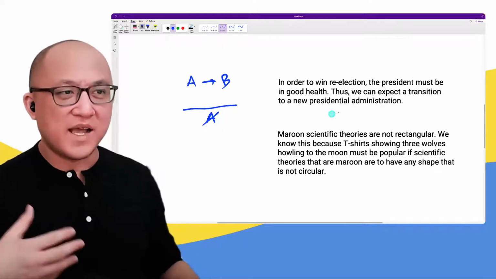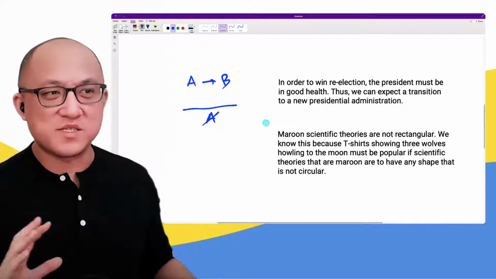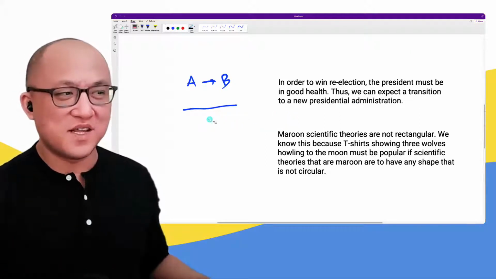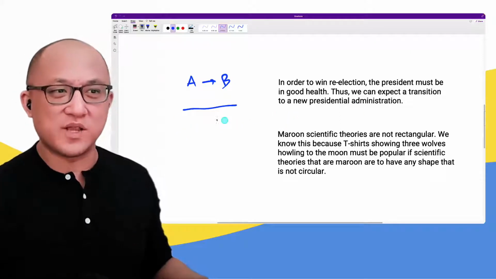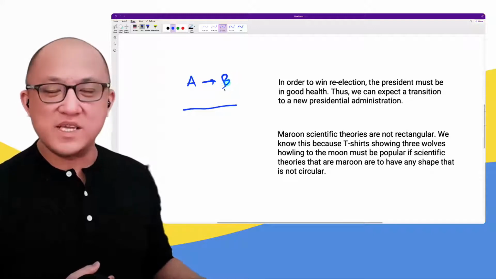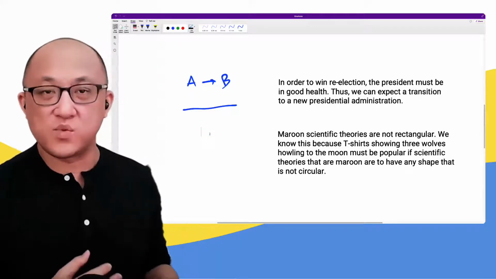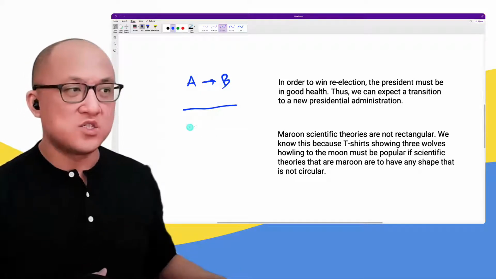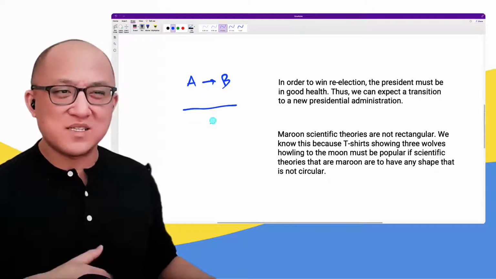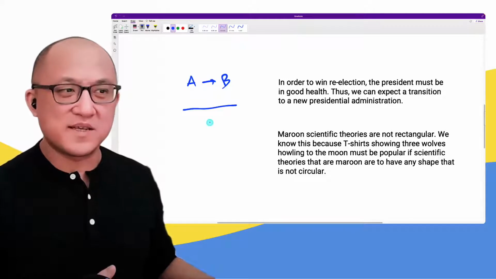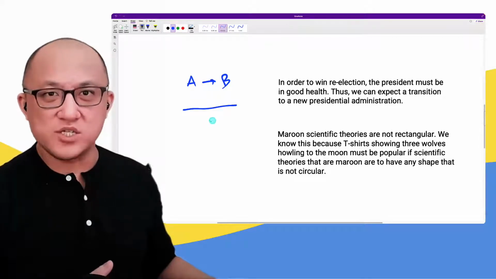So actually I want to correct myself. The structure of it is, and here I'm going to be using what I talked about earlier, if B is not true, then the conclusion should be that you can't win, or the person won't win re-election. So now they say something slightly different from that, right? We can expect a new presidential administration.